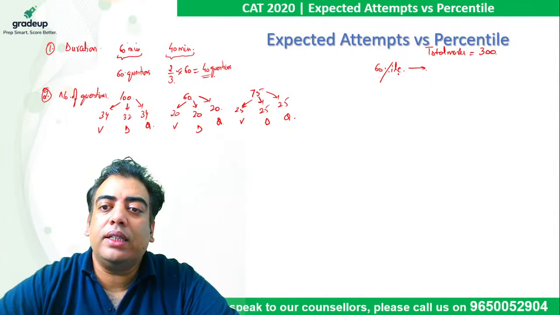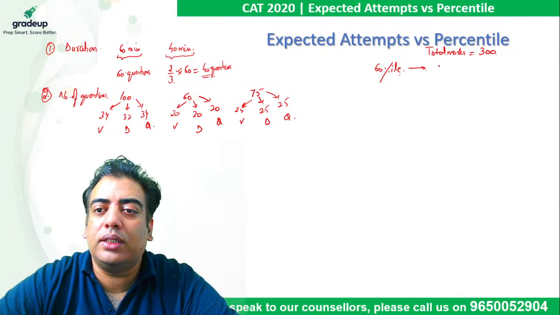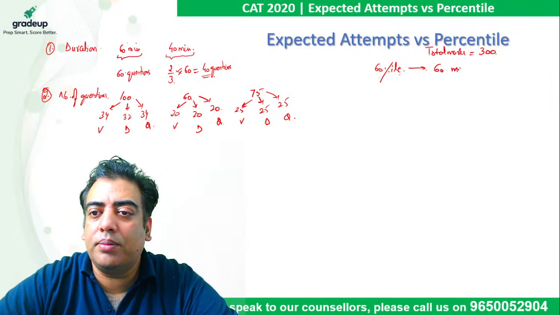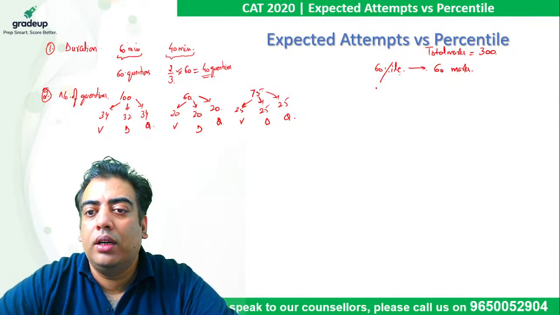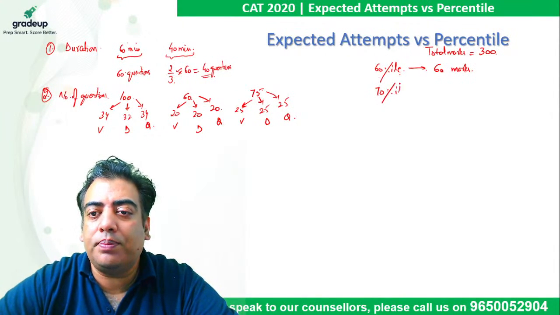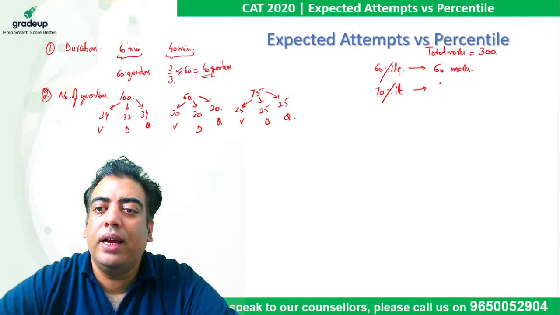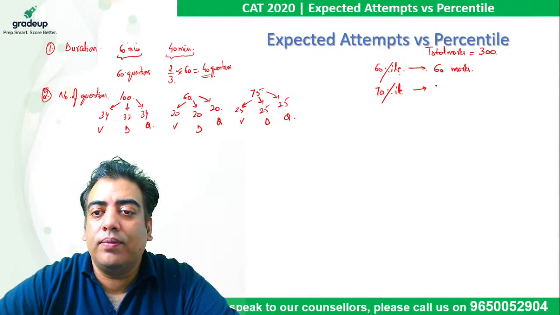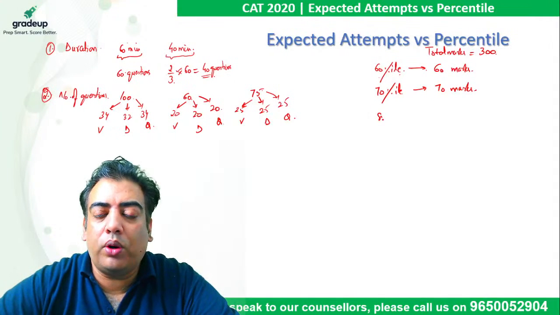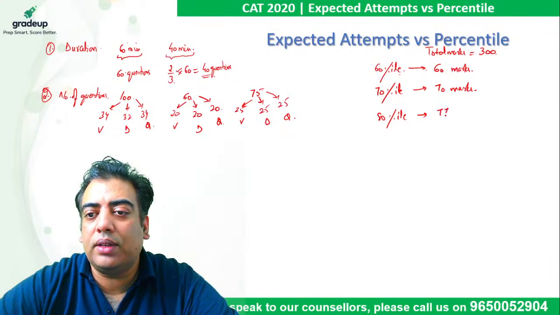So if we are targeting 60 percentile, that was achievable at 60 marks. When we were targeting 70 percentile, it was achievable at only and only 70 marks. When we talk about 80 percentile, it was achieved at 77 marks.